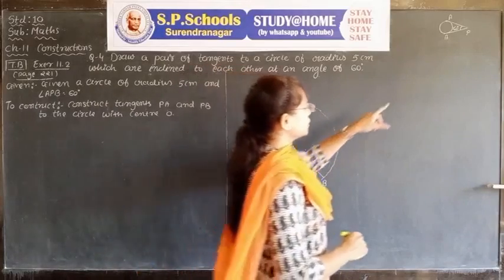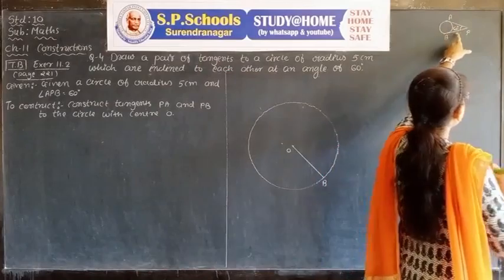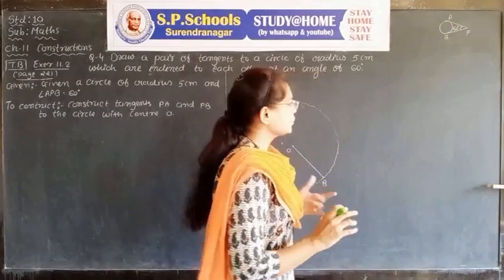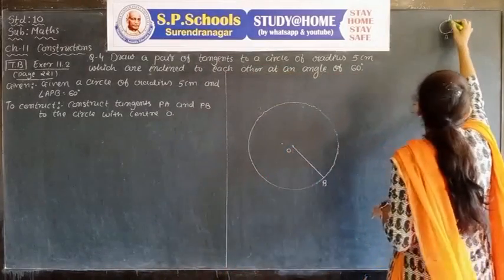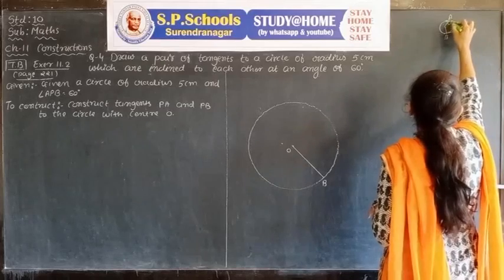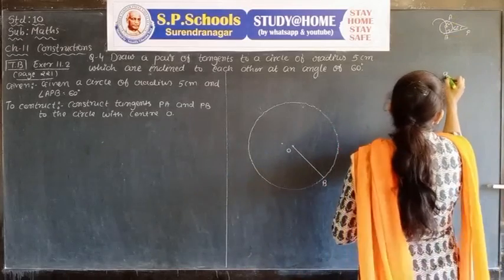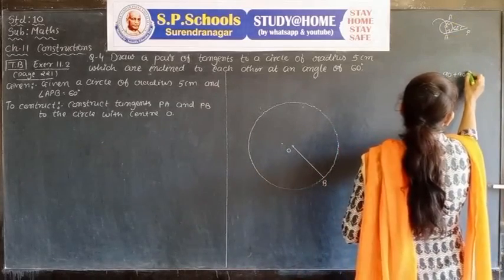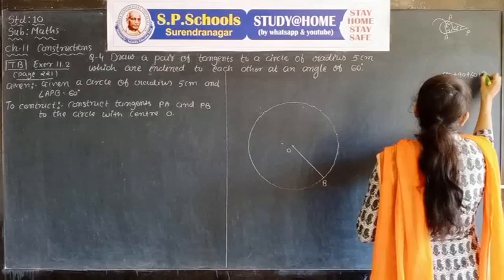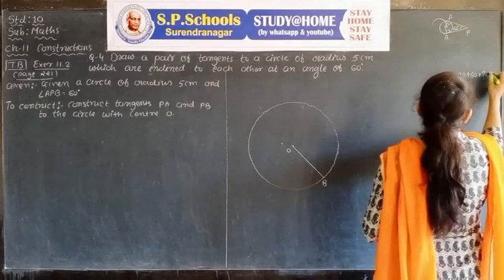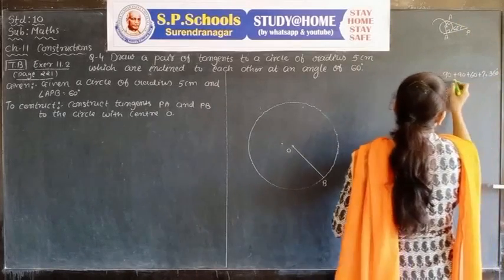Now we construct two tangents which are inclined to each other at 60 degrees. First of all, using the angle sum property in the quadrilateral, two angles are of 90 degrees and one angle is 60 degrees. The question mark is for finding the angle between the two radii.